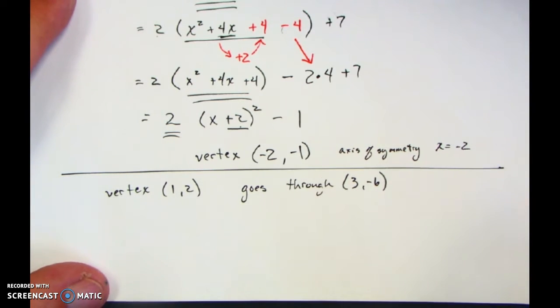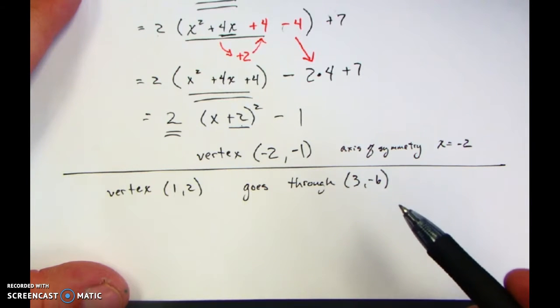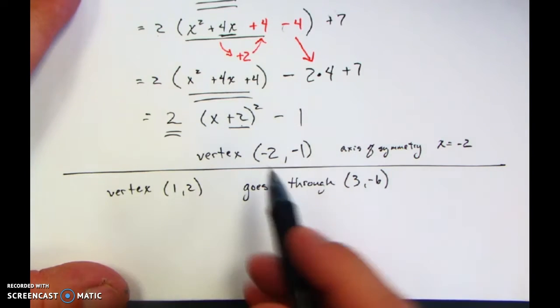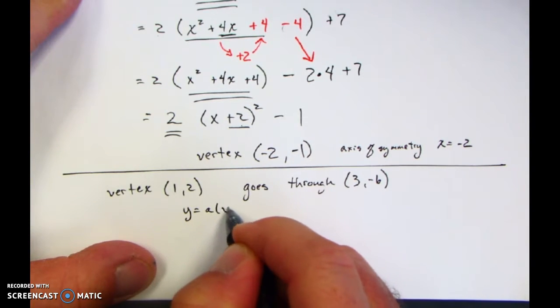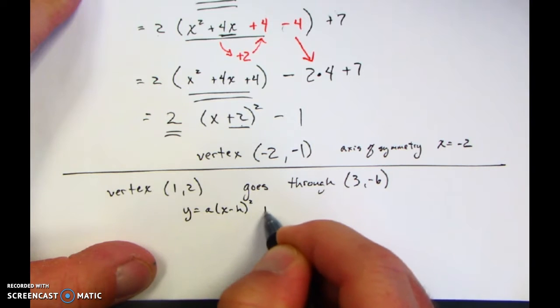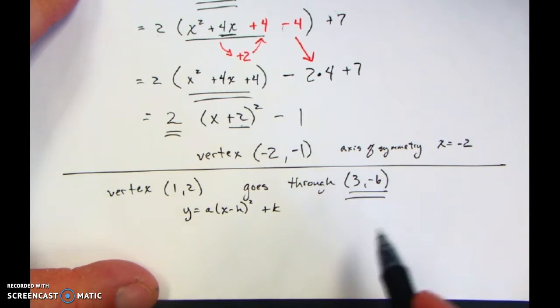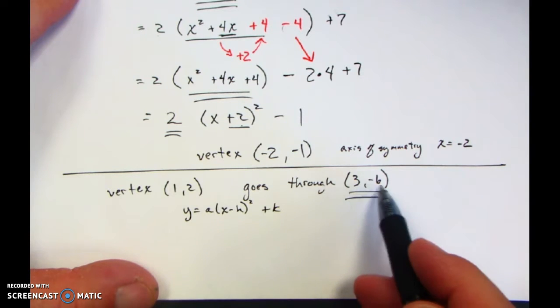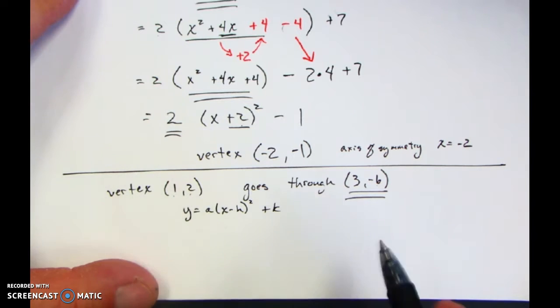All right, so what we're going to do with that, as far as rewriting this in vertex form, first we know that we have y equals a times the quantity of x minus h squared plus k. If we plug in the different values that we know, again, every single point represented is our x, y, so I can plug that in for an x and a y. Vertex, again, is our h, k. What we really need to find is our a value.